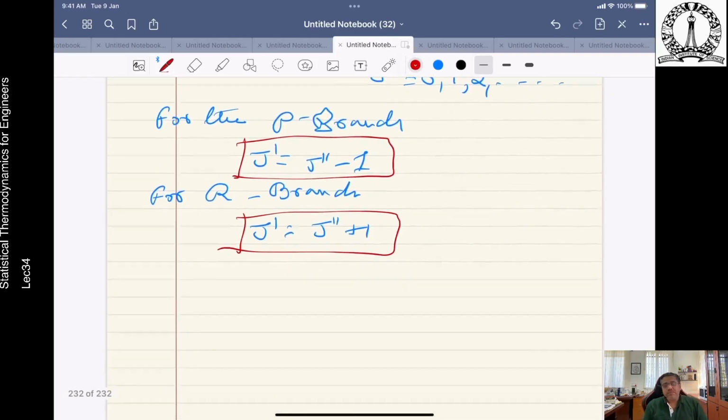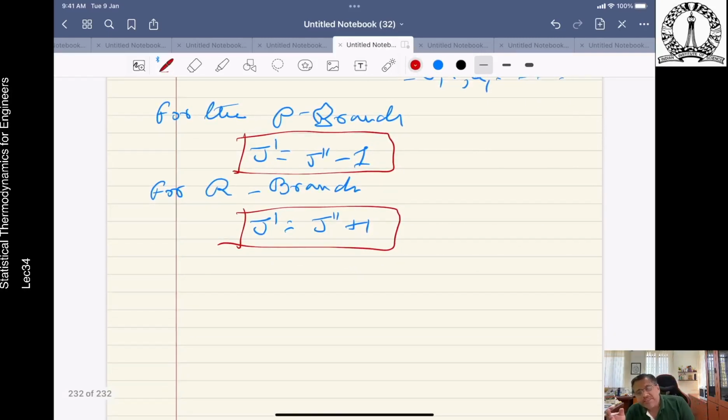So you can see that if you compare it with the simplex model, the rotational energy is either added or subtracted from a pure vibrational contribution.